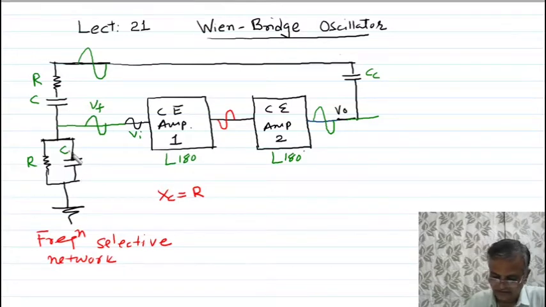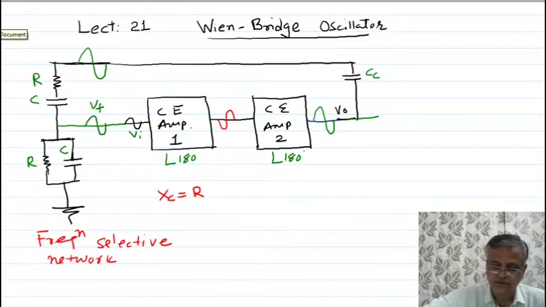But only at this condition, at a certain frequency when X is equal to R, there is zero phase shift between VO and VF. As a result, you can see here VF and VI are in the same phase, so total phase shift is 0 degree. As a result, the condition for positive feedback is obtained. Let us see in detail about the frequency selective network.